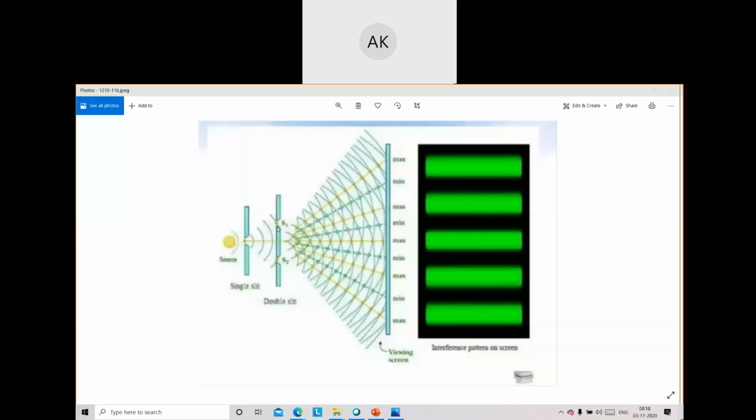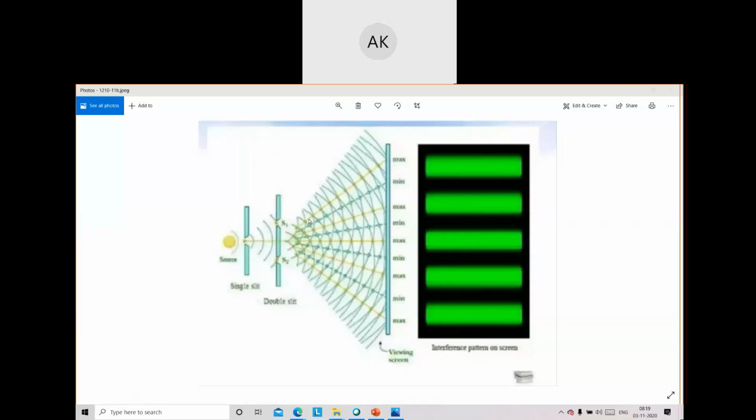But if two sources are derived from that single source, they become coherent sources. See, this wavefront is divided here. So these two sources of light are derived from the single source, and they act as coherent sources. What is a coherent source? A coherent source means a source of light having the same wavelength, the same frequency, and the same phase, or having a constant phase difference.